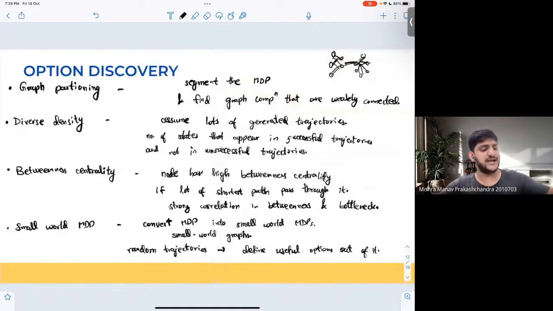Maybe we can look at some code for options Q-learning.